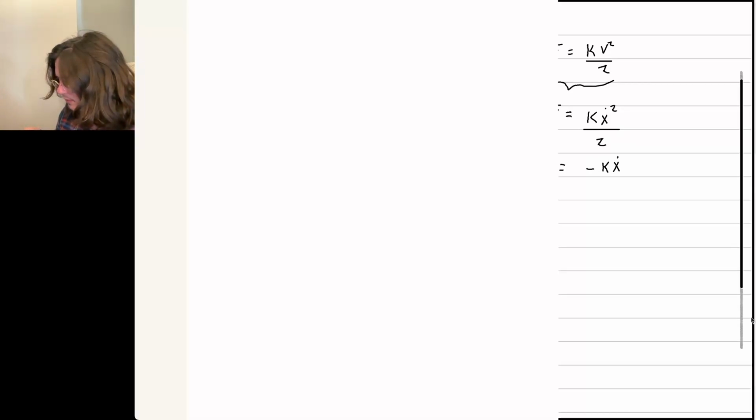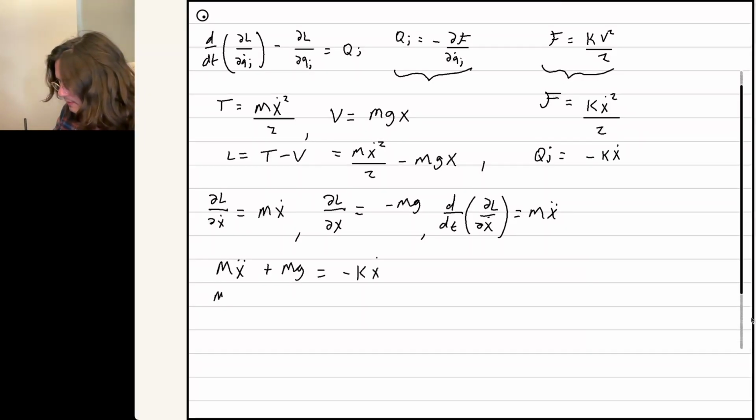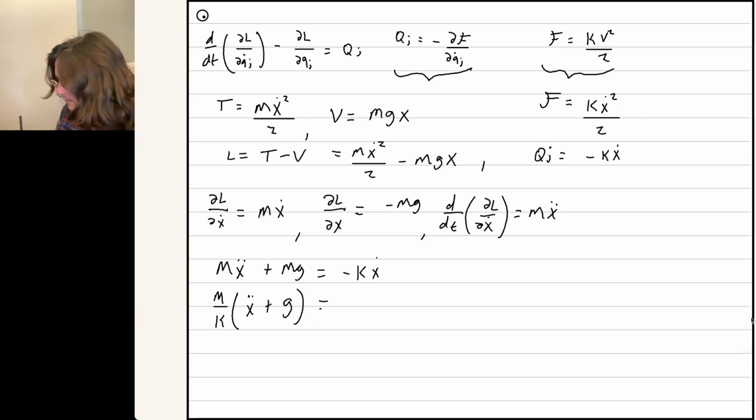If you just solve for x dot, you just have m over k times x two dots plus g, with a minus sign thrown on there for fun, equals x dot. You can solve that differential equation if you'd like to. I'm not going to. I'm just going to leave it like that.